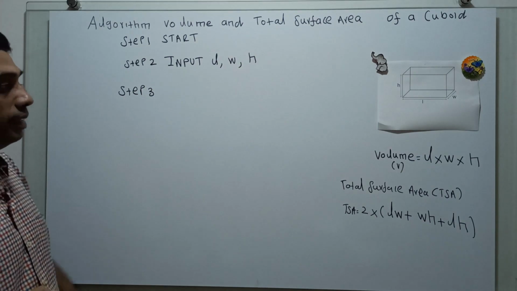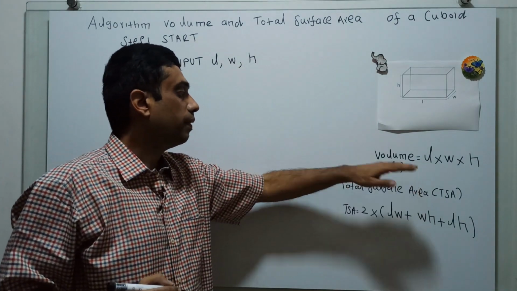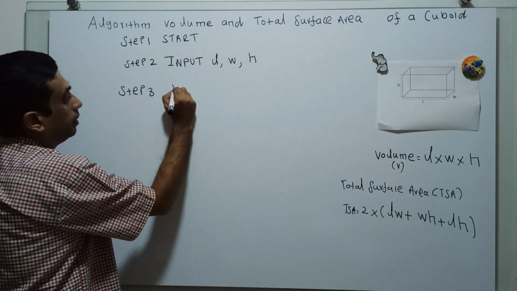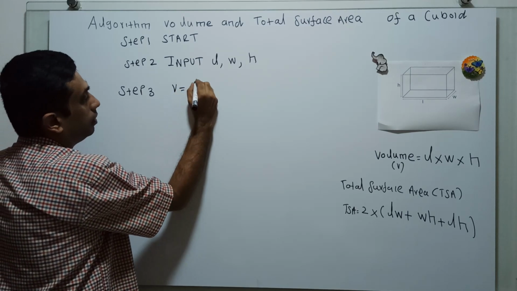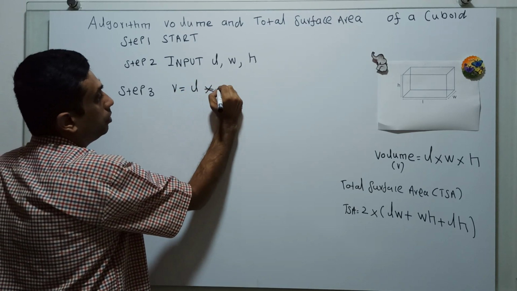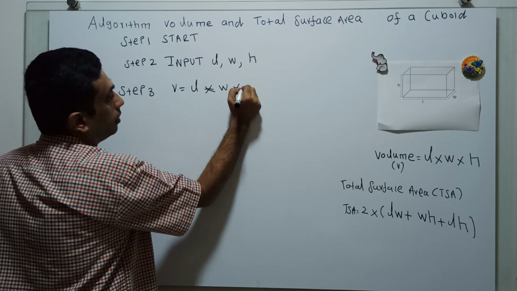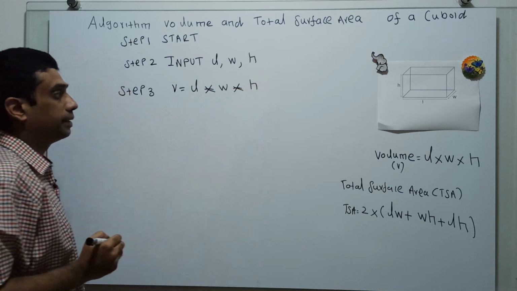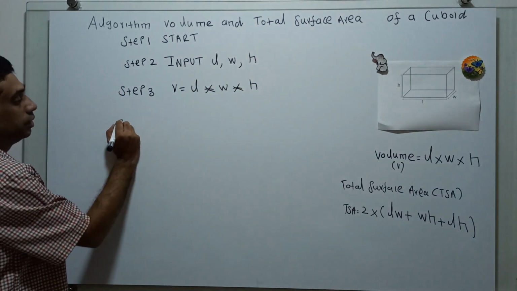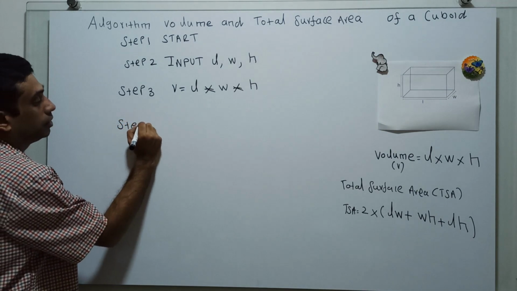Step 3, I am calculating the volume of the cuboid and using a variable V. V equals length times width times height. Next, I am calculating total surface area.